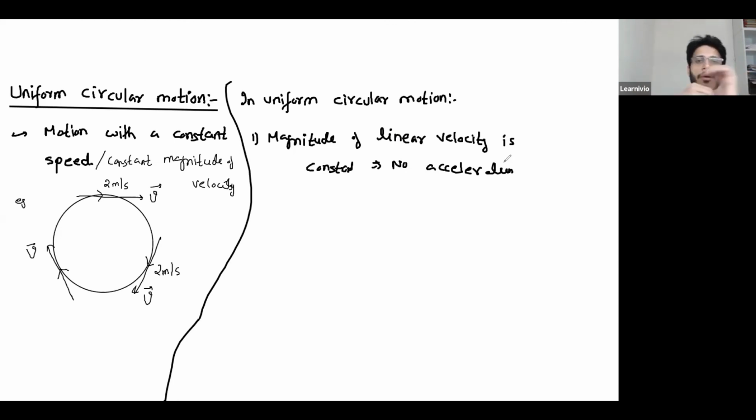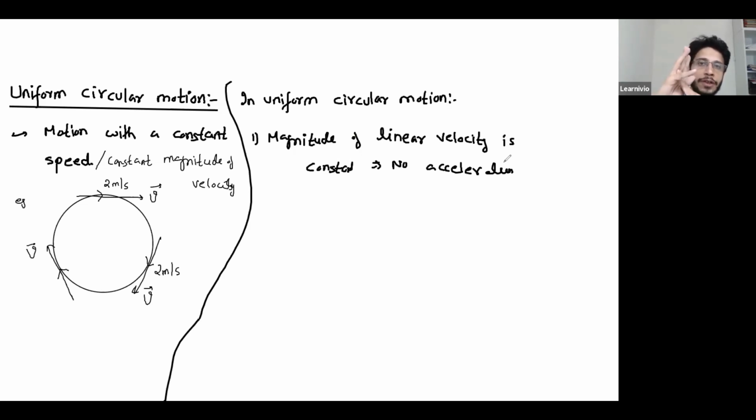See, in uniform circular motion or in circular motion, we have 4 parameters that need to be checked for acceleration. The first parameter is magnitude of linear velocity. If it is constant, then there is no acceleration. But if the magnitude of linear velocity changes, then you will have an acceleration. Similarly, the second one is direction of linear velocity.